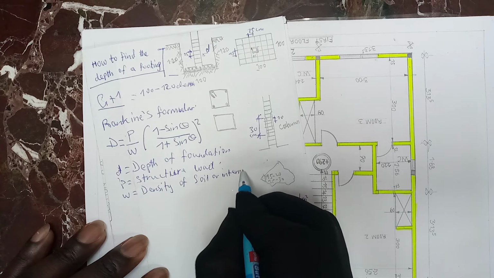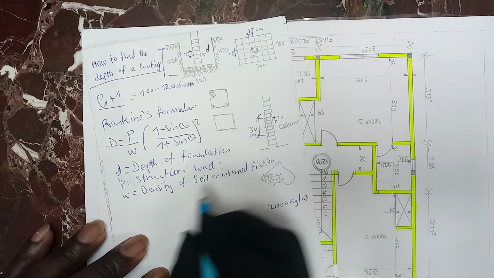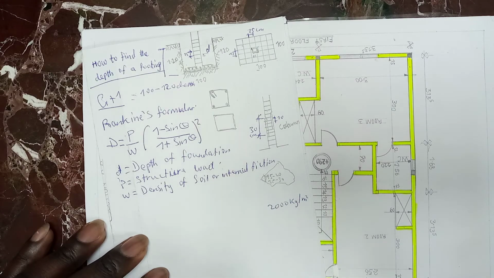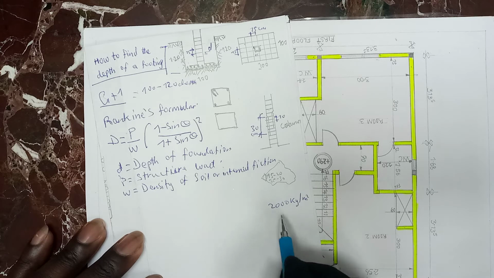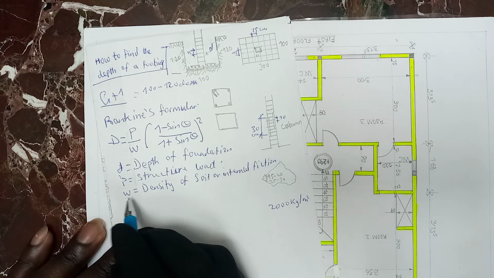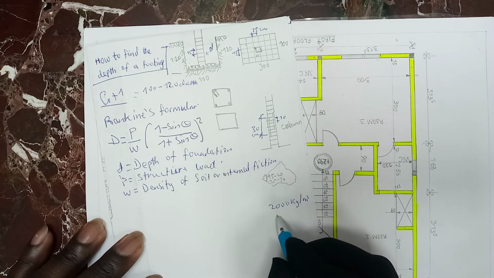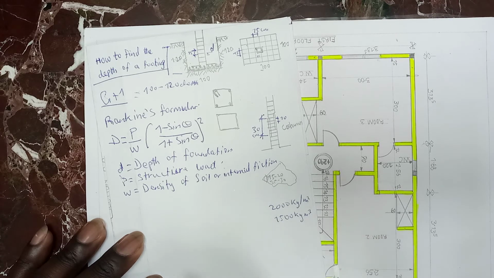They can give you the structural load to be 2,000 kilograms per meter square, and the density of soil to be maybe 1,500 kilograms per meter cube.